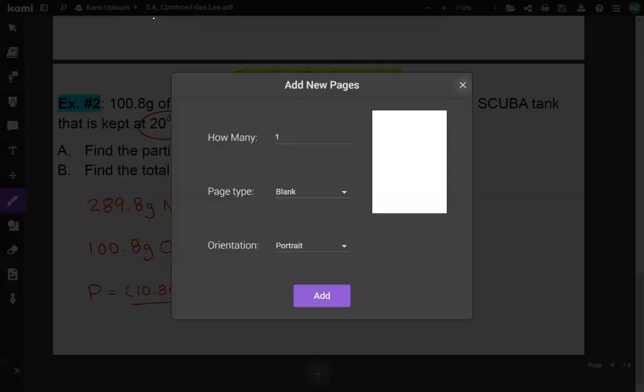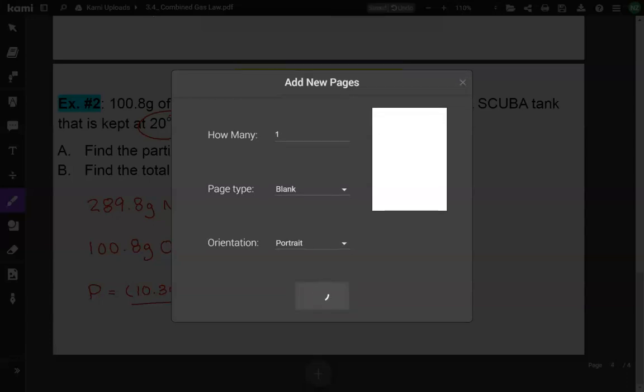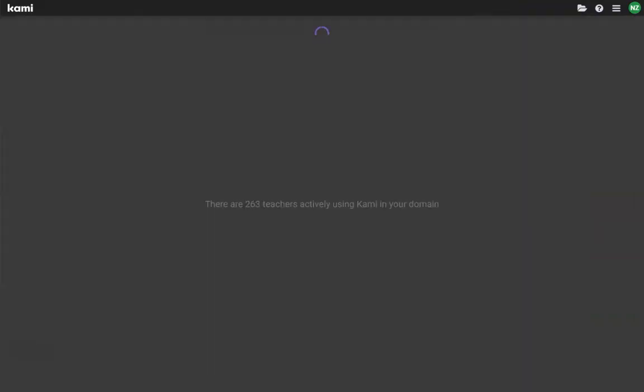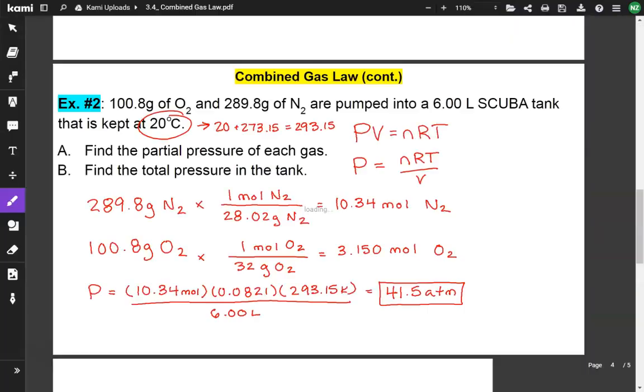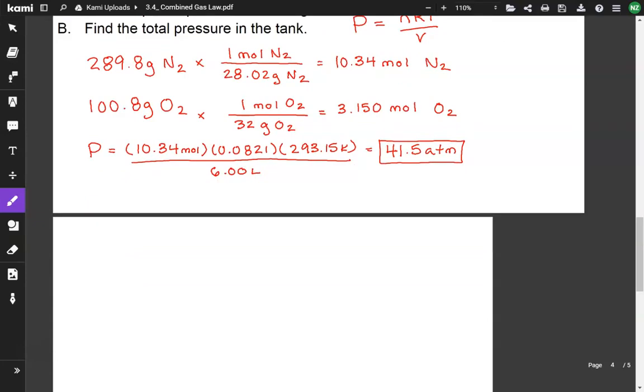All right, we're going to do the same thing for oxygen next. We're going to take our moles of oxygen and plug it into our equation to get our pressure for oxygen. So for oxygen, pressure is going to be equal to the number of moles, our R value, and our temperature.